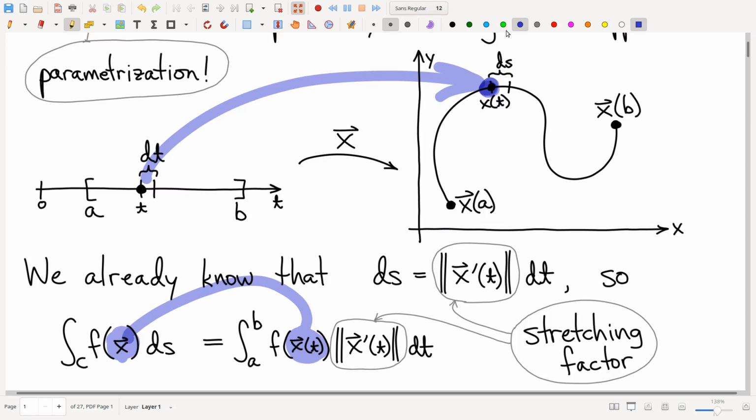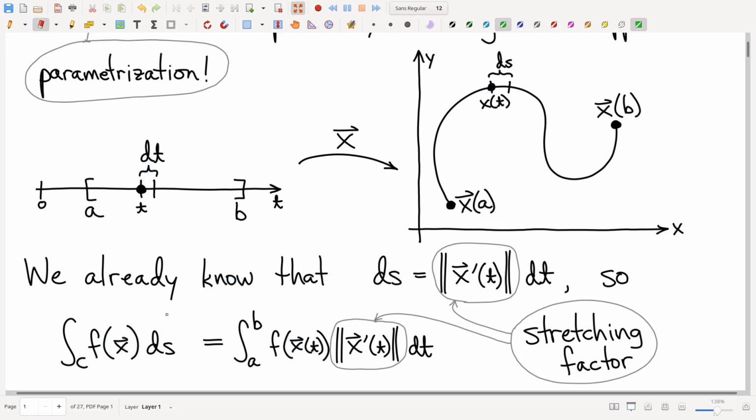The other thing, now here's where we're going to have to actually do some thinking, looking at this size, ds, representing how big that little piece of the curve is. Well, how big is it? It's a length, and I'm interested in how length relates to a little piece over here, which is a little piece of time. What is the relationship between distance and time?